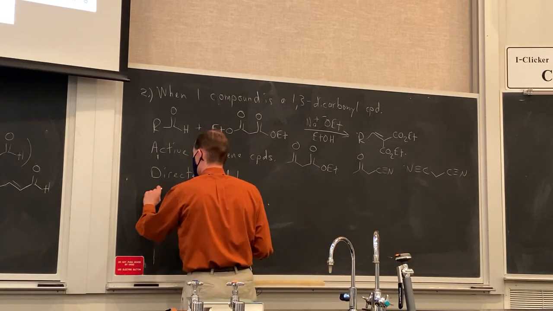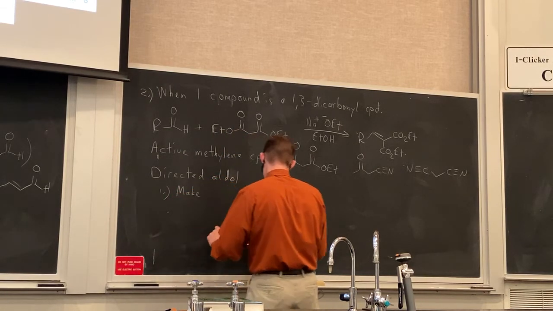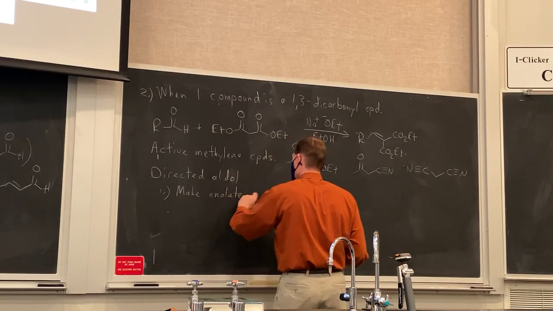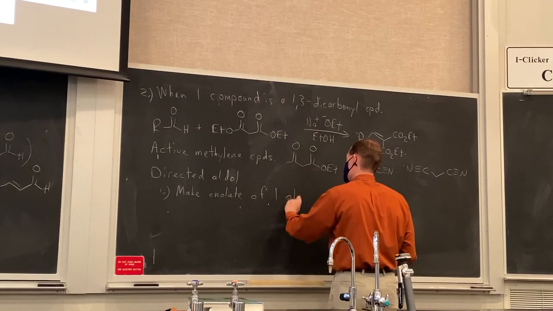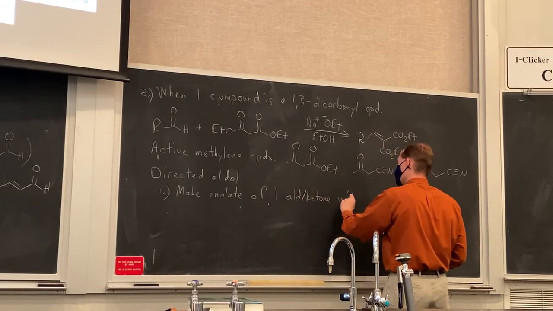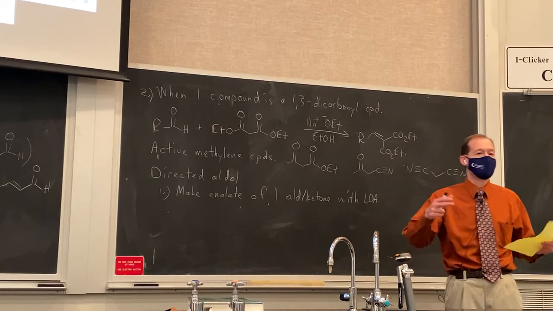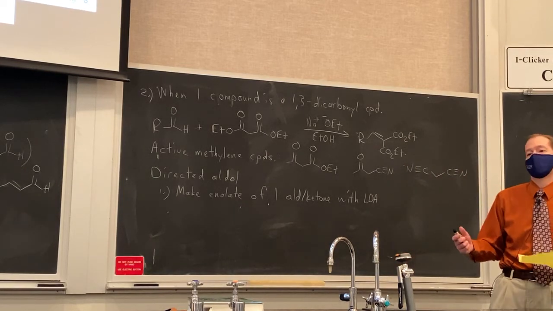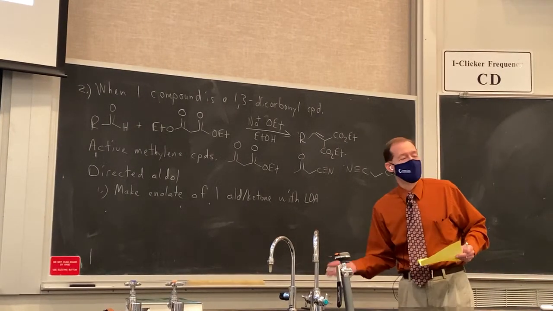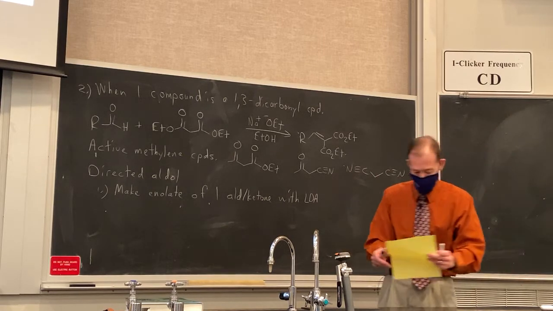So first thing we're going to do is make the enolate of one of our aldehydes or ketones with LDA. So we're only going to have one of our aldehydes or ketones in solution. We're going to react it with LDA, and LDA is going to give us 100% of the enolate and none of that aldehyde or ketone remaining.